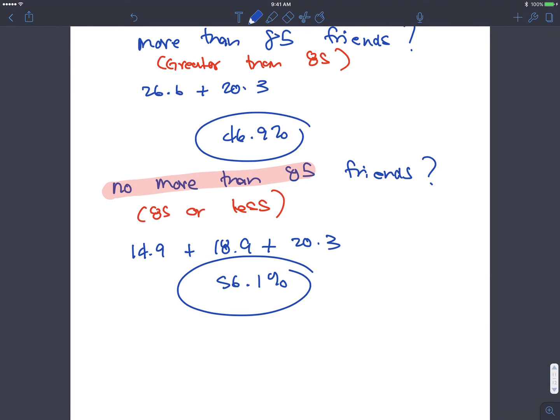So 56.1% have no more than 85 friends on Facebook.